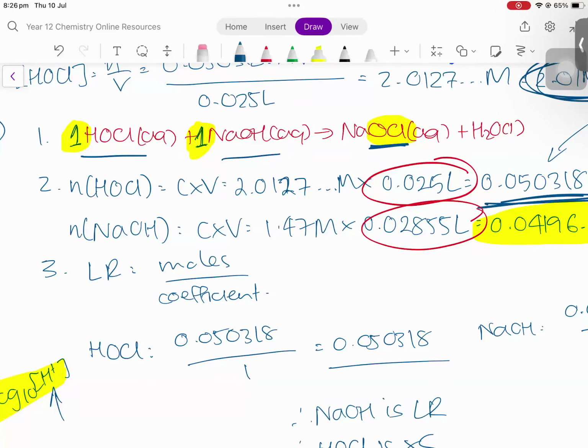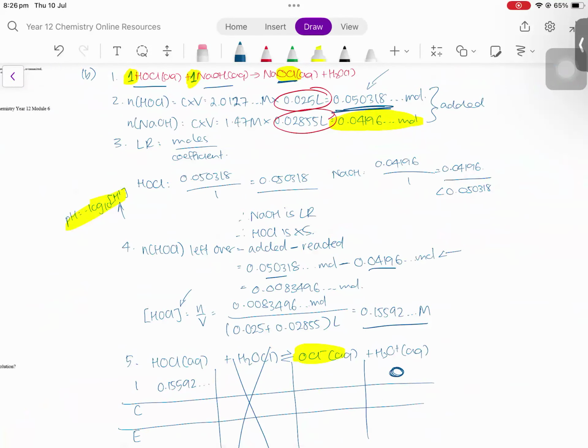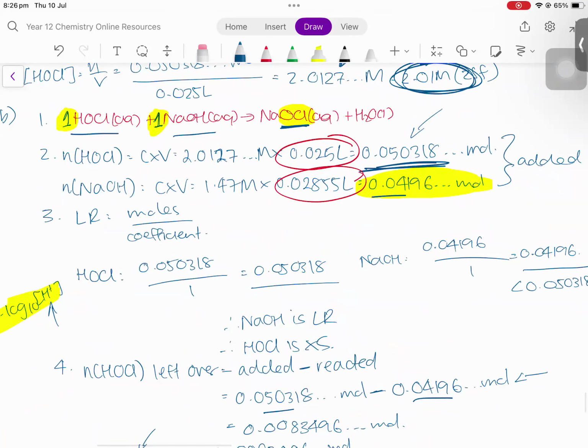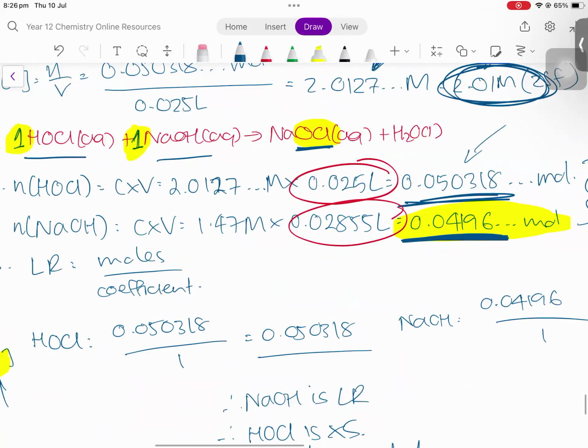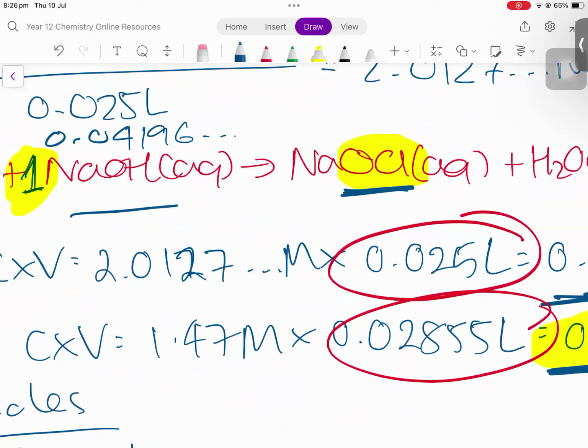The amount of product depends on the limiting reagent. We identified in the steps above, before we even made the ice table, that the limiting reagent is the NaOH, and this was the amount of the limiting reagent, about 0.04196 of it. And if it's a 1-to-1 ratio, the amount of NaOCl, the amount of OCl that we're looking for, is the same. It's a 1-to-1 ratio.